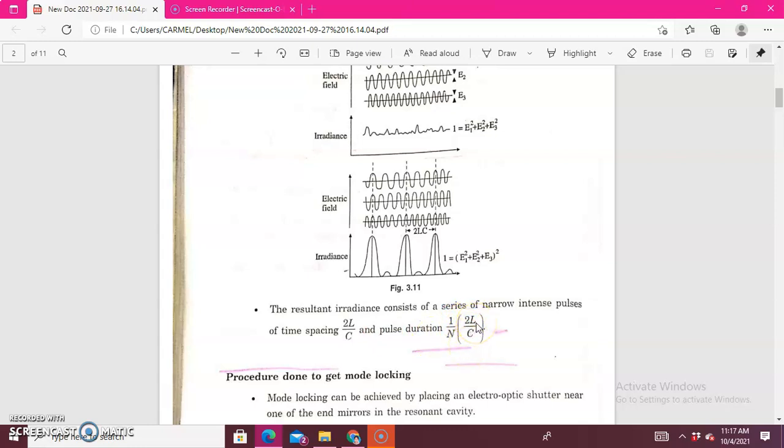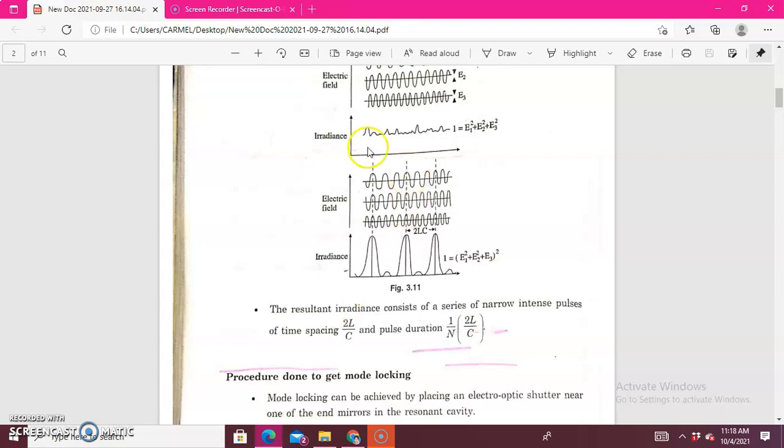Here L is the cavity length, c is the speed of light, 3 into 10 power 8, and capital N is the number of modes, through which we can calculate the pulse width, which we denote as tau p. To calculate tau p, we have to know the value of del nu, which is the gap between the modes.